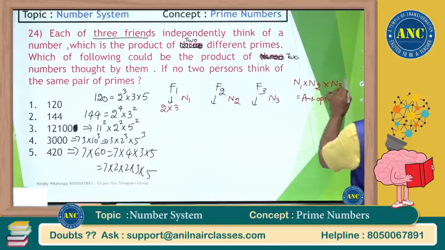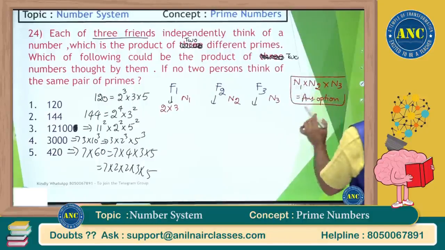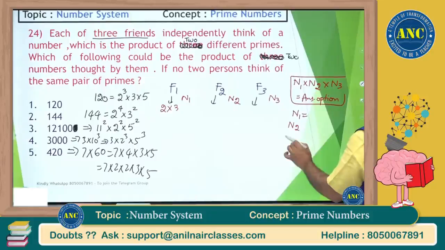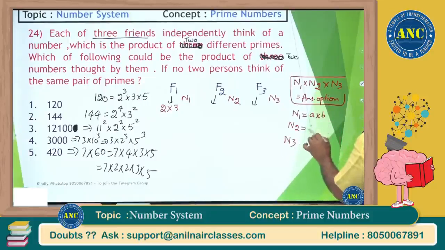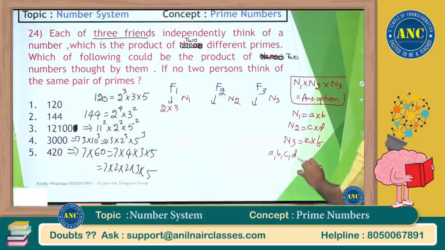We have to say which answer option fits this value. n1 should be written as a into b, n2 as c into d and n3 as e into f. What are a, b, c, d, e and f? They are prime numbers. I hope the question is clear.